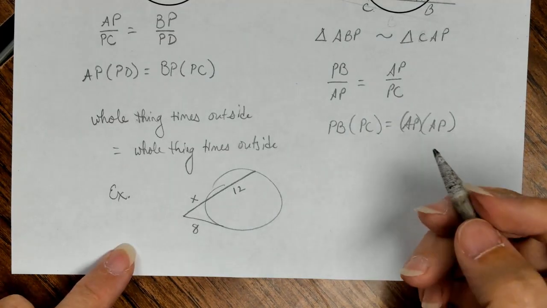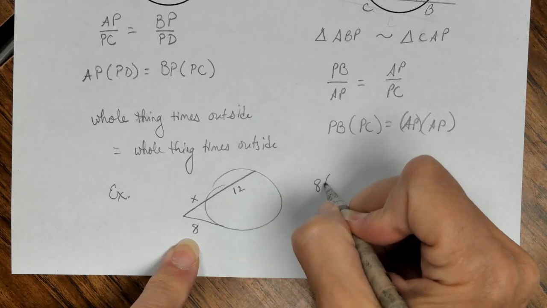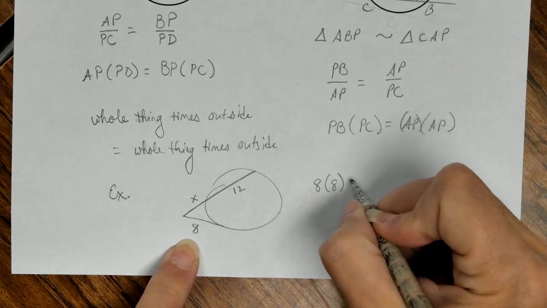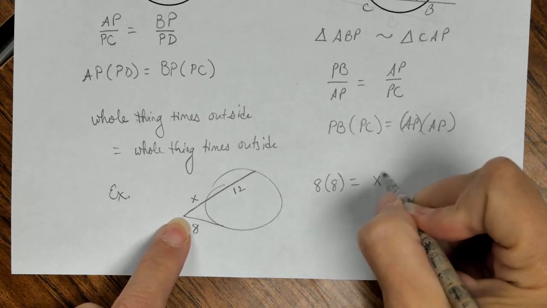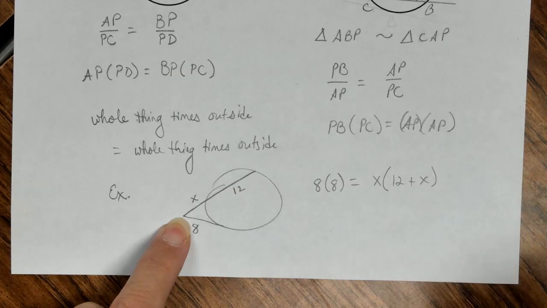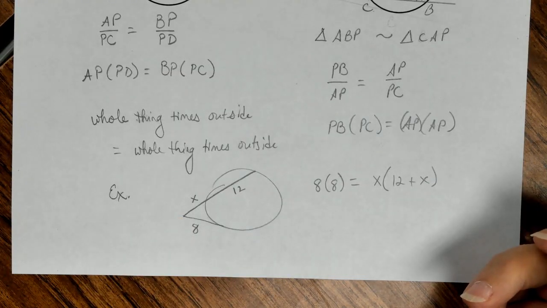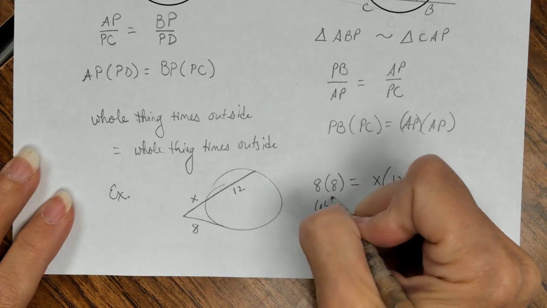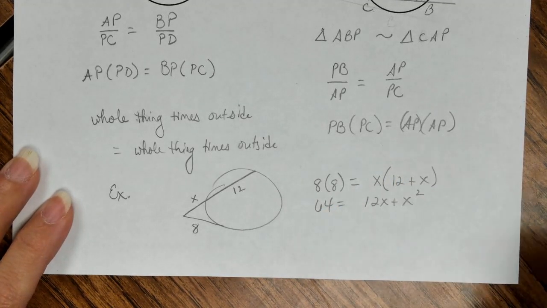So, let's see. For this one, the outside times the whole thing is just 8 times 8. And then for this one, the outside is x times the whole thing is 12 plus x, or x plus 12. And then we solve it. So 64 equals 12x plus x squared.